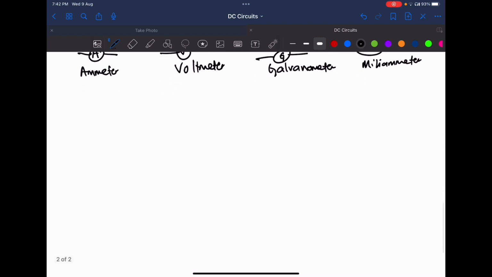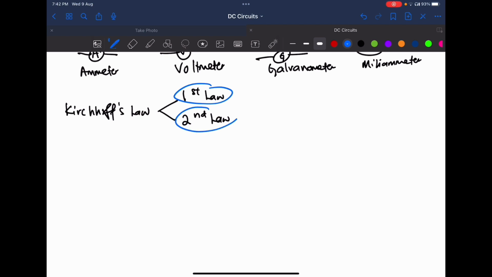Okay, so the first thing, the most important under this chapter, is called Kirchhoff's law. So there are two laws, the first law and the second law. So let's look at the first law.